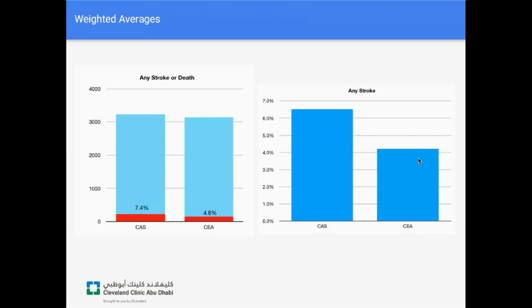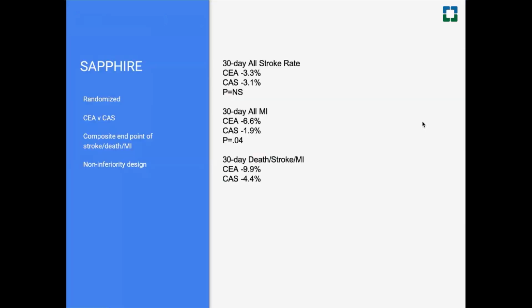Any stroke tends to be higher, on this differently scaled view of percentages, in the angioplasty and stenting group compared to the carotid endarterectomy in this jumble of all the trials. And it would lead one to conclude that the death rate may be equal between the two. The stroke rate may be higher.